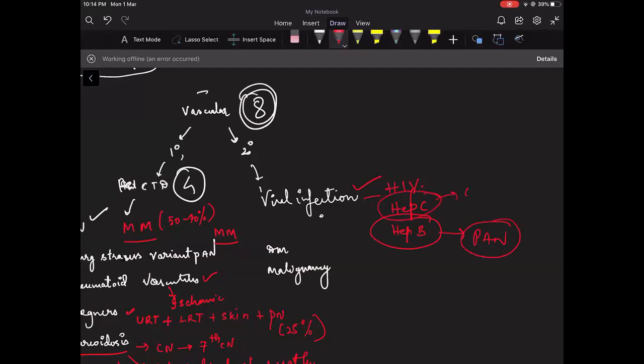Hepatitis C is associated with cryoglobulinemia, and this also causes vasculitic neuropathy. Diabetes also can cause it; the pathological mechanism could be vasculitis of the small blood vessels. Even some malignancies, typically T cell lymphomas, can have a vasculitic neuropathy.